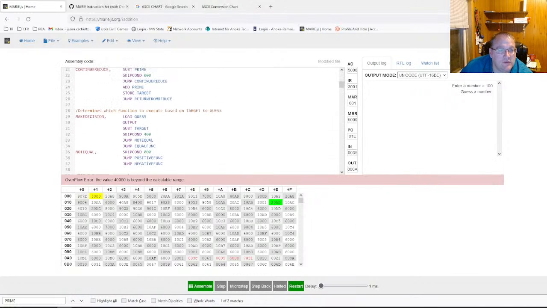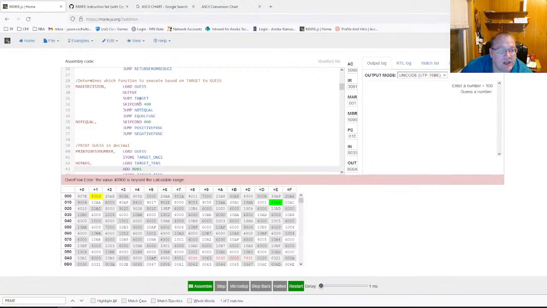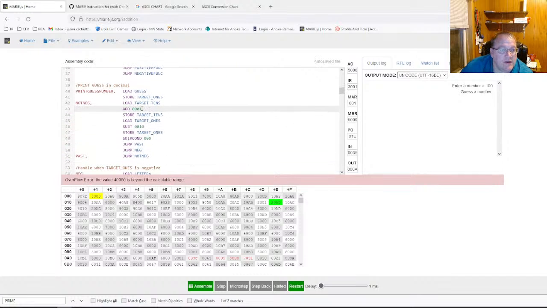All right, so when we did a subtraction here, we're going to do an add 1. And here we do a subtract 16.